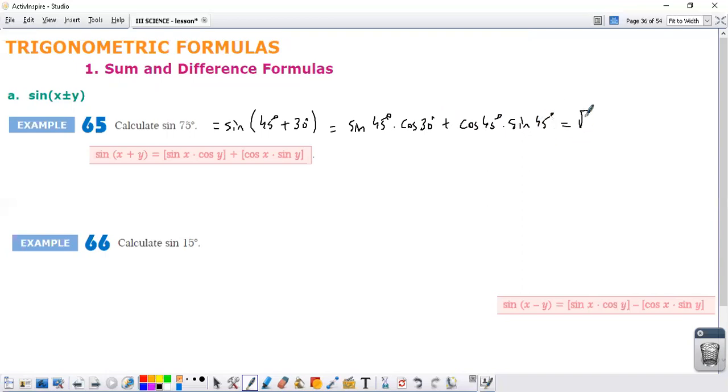Sine 45 is root 2 over 2. Cosine 30 is root 3 over 2, plus cosine 45, root 2 over 2, and sine 30 is 1 over 2. And from here we get for sine 75: root 6 plus root 2 over 4.